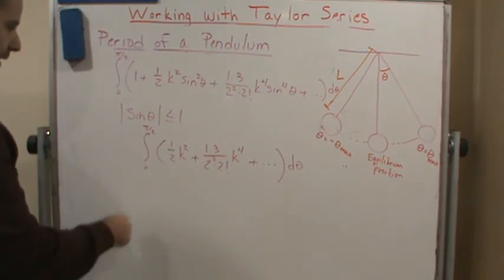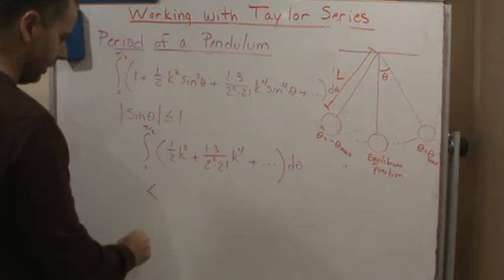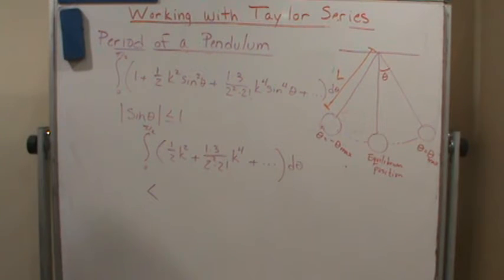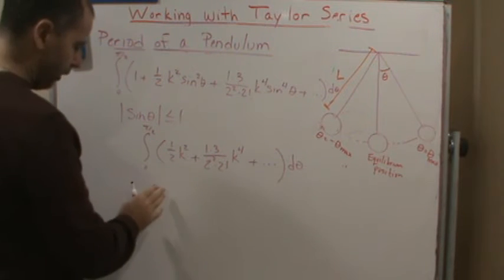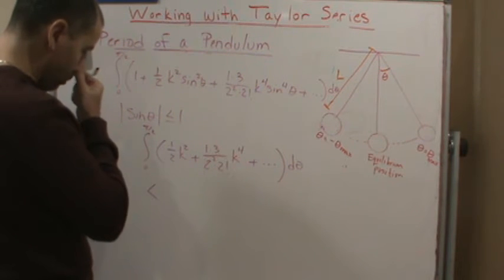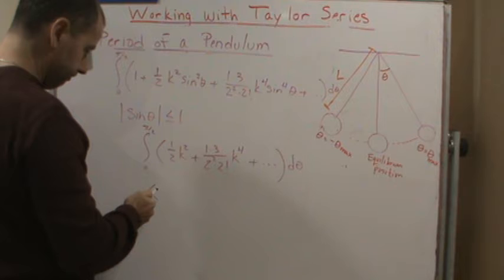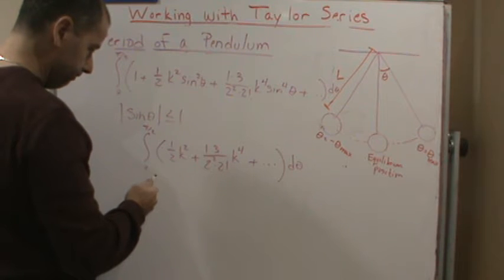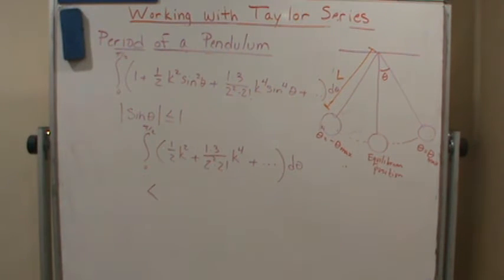So now if we integrate this, we know that this is going to be less than pi over 2, because we're evaluating this.